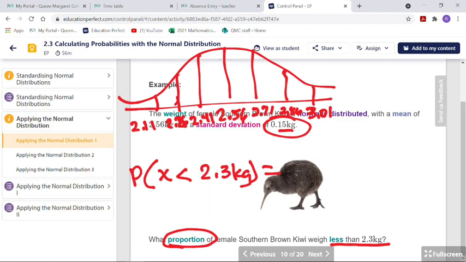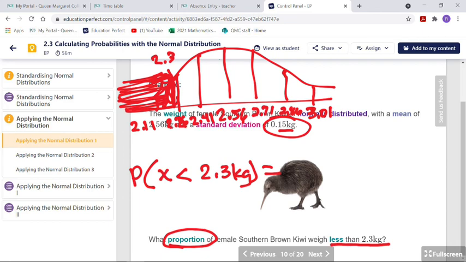You've got to have them, so make sure you're making them. Now, 2.3 is not on our chart, but here's 2.26, so that means it's in there somewhere, right? 2.3. And we want less than, which is this tail at the end, isn't it? If it's less than that.